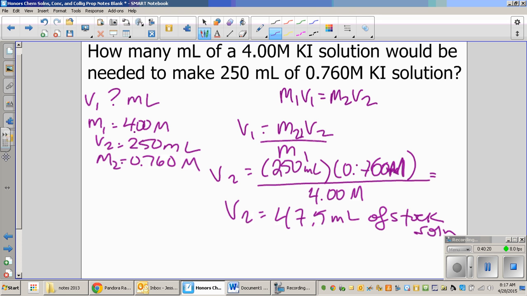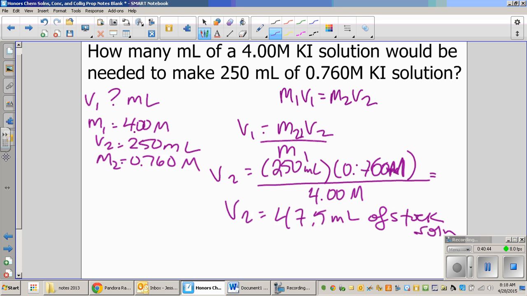Good. So take your 47.5 mils of stock solution, add to a volumetric flask, and dilute with water to 250 mils. You would use a 250 milliliter volumetric flask since that was your final solution destination.